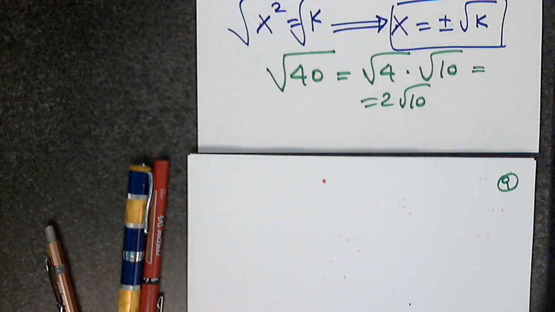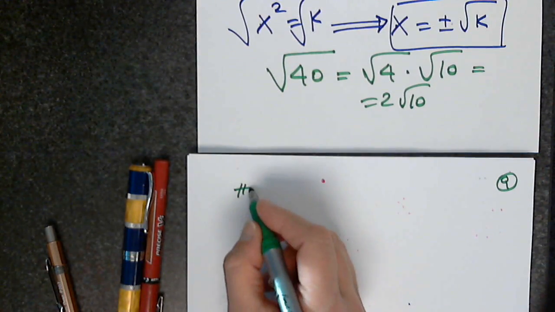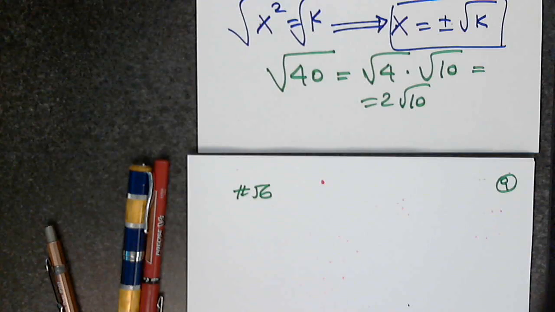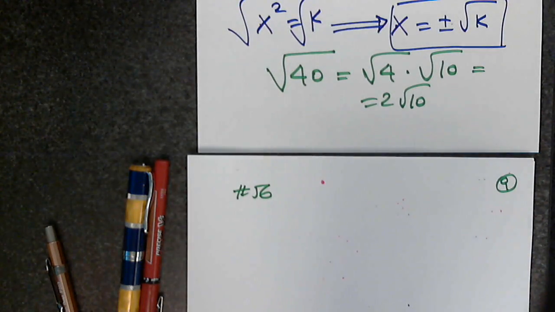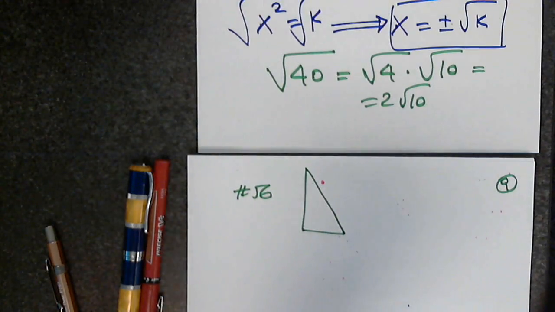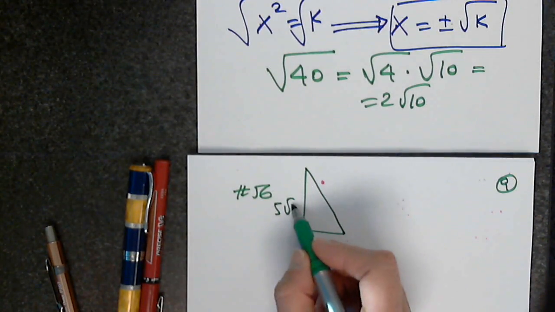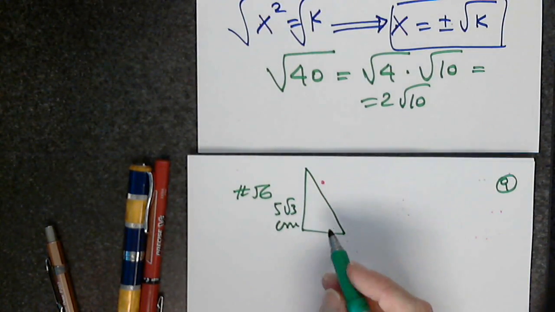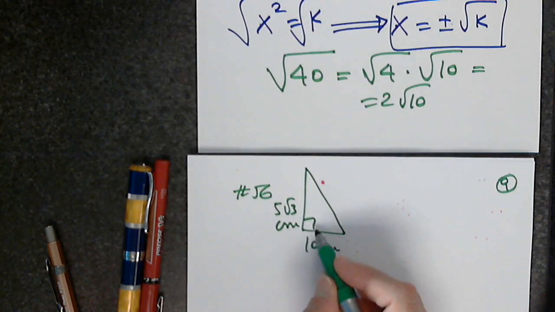Moving on, let's take a look at problem 56. Say it again, please. Thank you. So one leg is 5 the square root of 3 centimeters, and the other one is 10 centimeters.